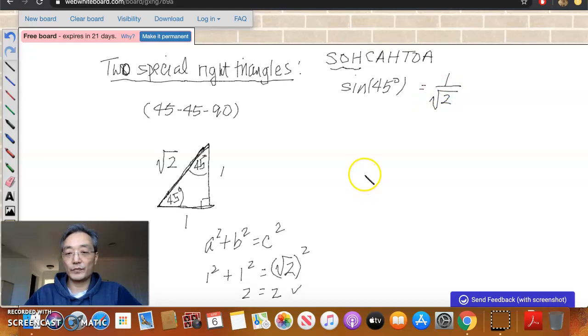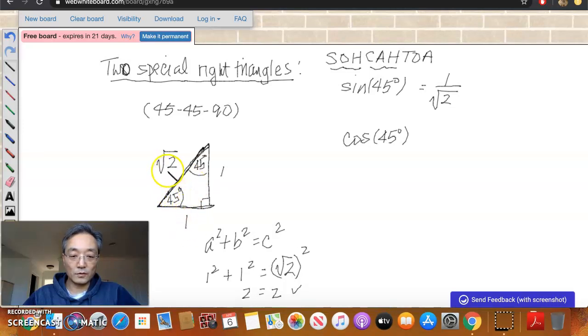Okay? And what's the cosine? Well, the cosine of 45 degrees is adjacent over hypotenuse, correct? So 45 degrees, and you can work from this angle or this angle, they're both the same. So cosine is adjacent over hypotenuse, so it's adjacent, which is 1, over hypotenuse, which is, again, radical 2.